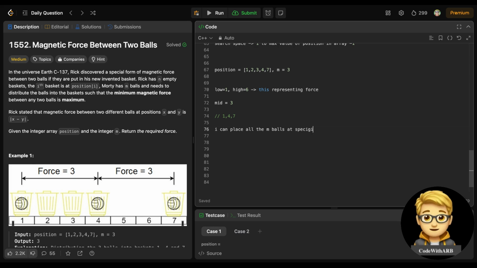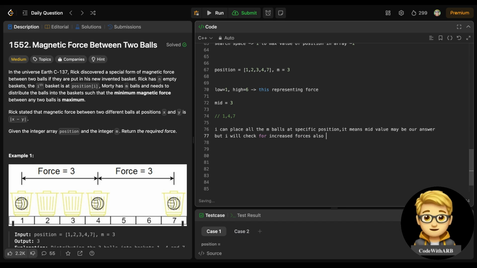What does it mean? It means if I can place all the m balls, the mid value can be our answer, maybe our answer, but I need to check further because I need to find the maximum value now. So I will check further for increased forces also, right?